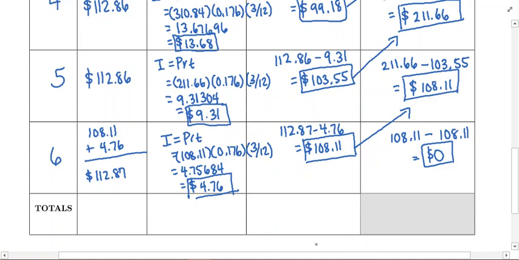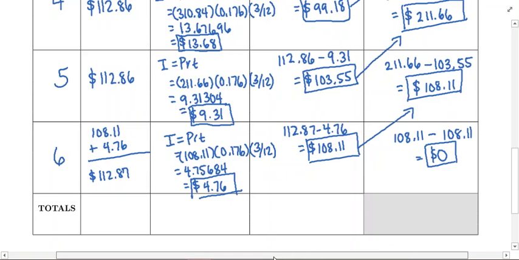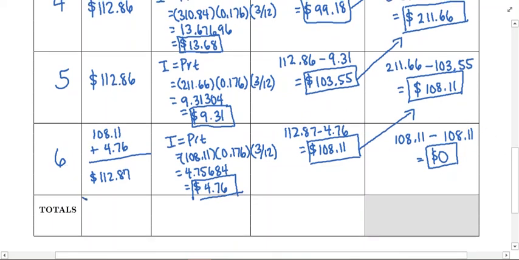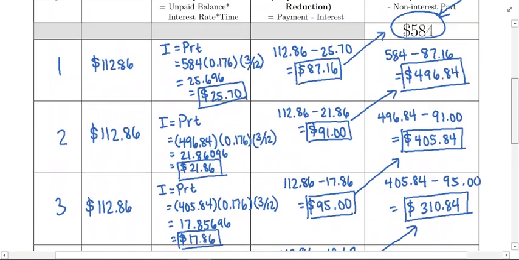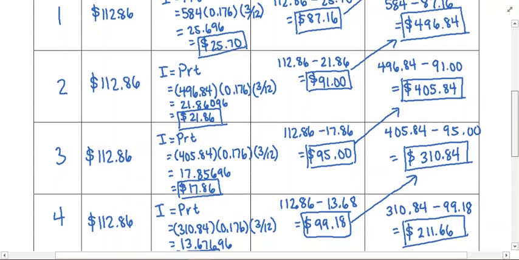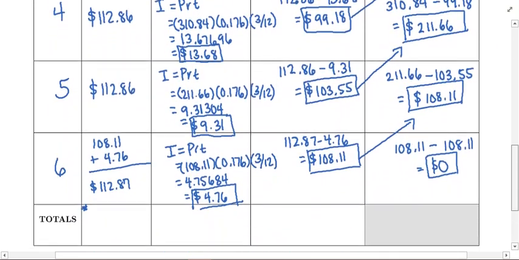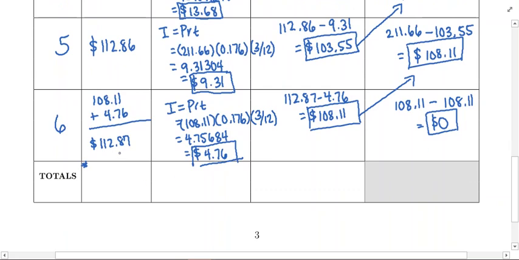All right, in this last row, I have us add everything up. Right here, we're going to make our totals. We're going to add up all the payments. If you add up your five payments of $112.86 plus that last payment of $112.87, this is going to be a total of $677.17.